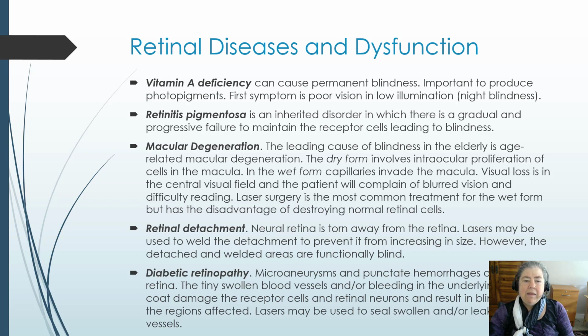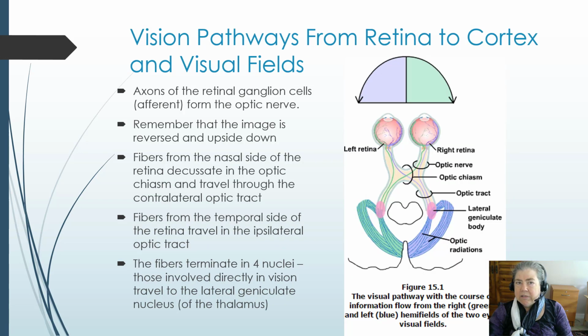And then finally, diabetics develop a number of eye problems that together are called diabetic retinopathy. They develop little aneurysms which sometimes burst and cause hemorrhages, and the bleeding into the choroid damages the rods and cones and the neurons in the retina and results in blindness in the areas that are affected.